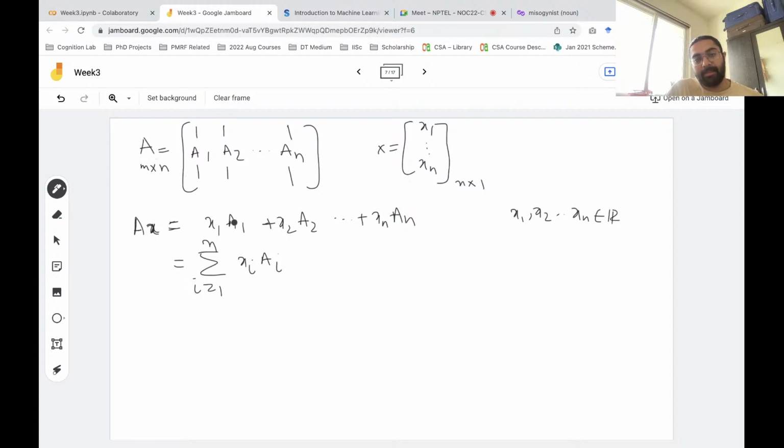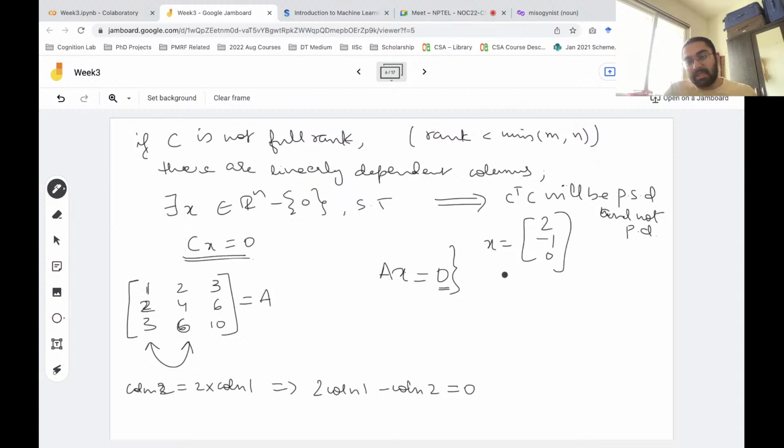This view is important because then you can motivate and find out things like these. So when I know that 2 times column 1 minus column 2 is equal to 0, I can multiply this matrix A with this vector, which is 2, -1, 0.